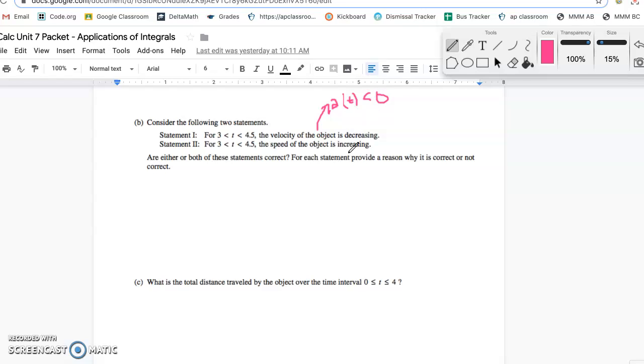Now, our second one is we have this. The speed of the object is increasing, which means v of t and a of t, velocity and acceleration, have the same signs.